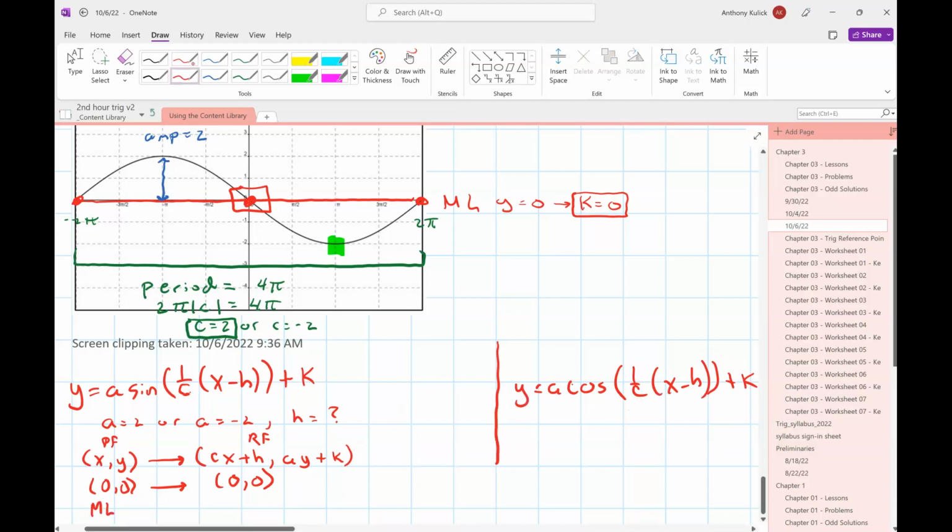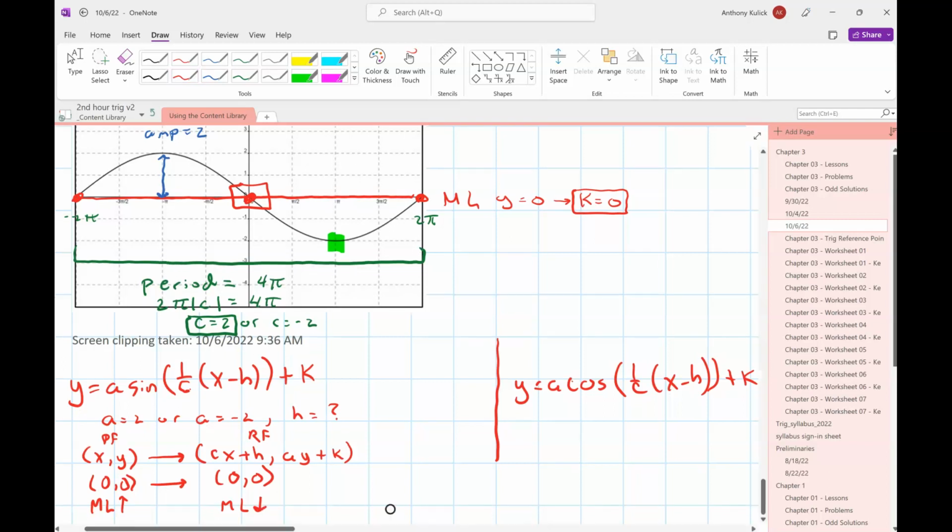So I'm going to represent 0, 0 as midline, then an up arrow for maximum. And then I'm going to represent the 0, 0 from my graph as midline, and then a down arrow for minimum.